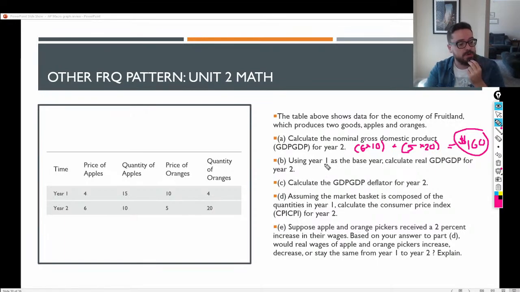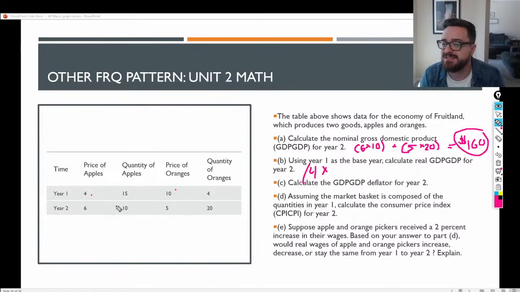Because the way real GDP corrects for inflation is by holding prices constant. I mean they use the base year's prices. So I'm going to use the base year's prices, that and that.